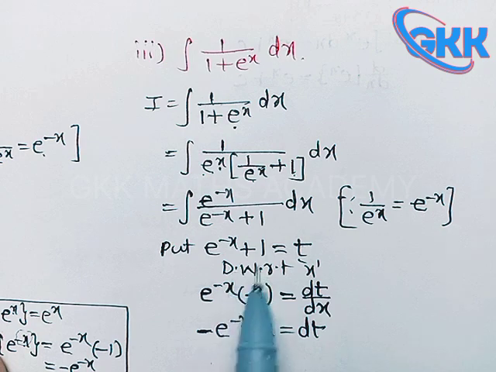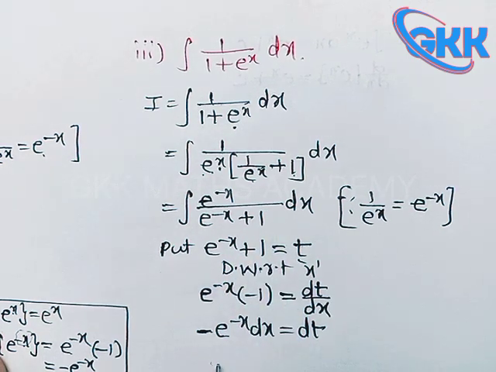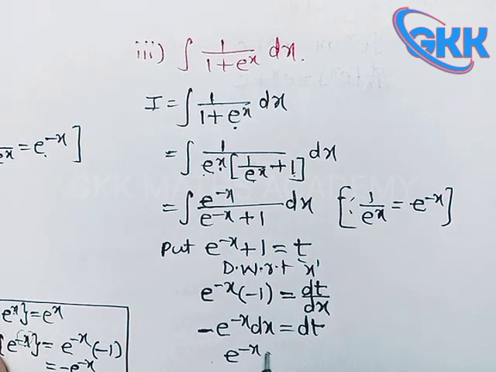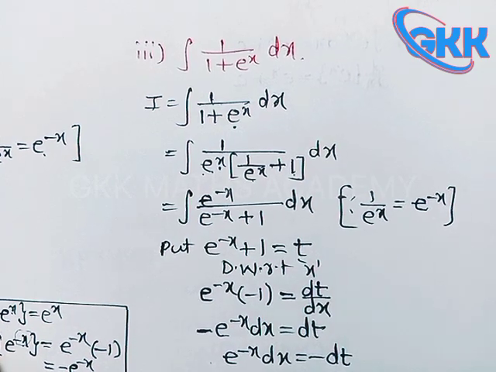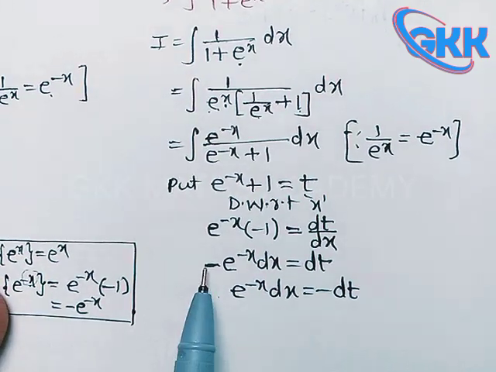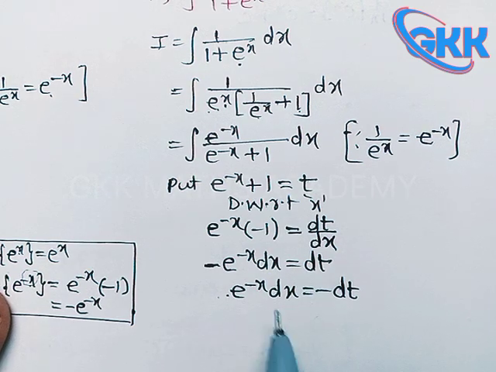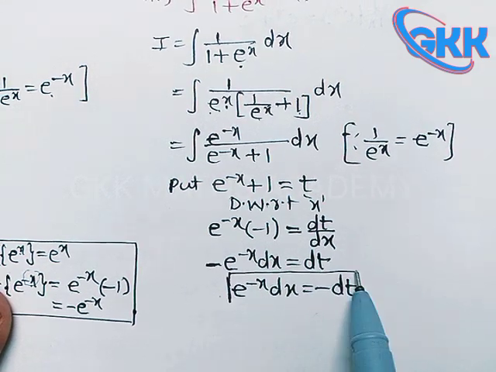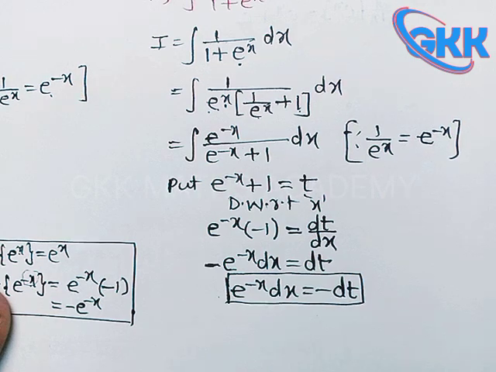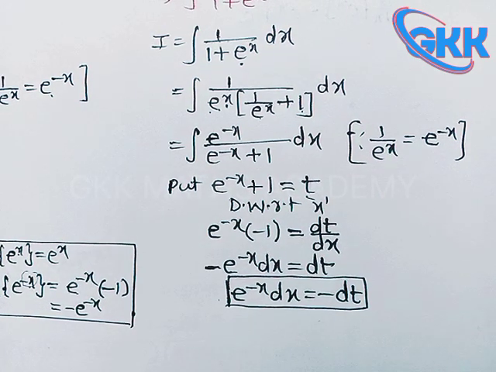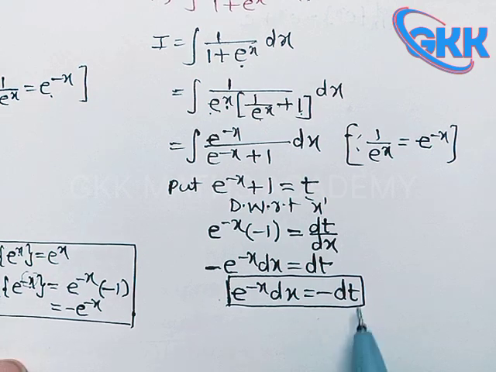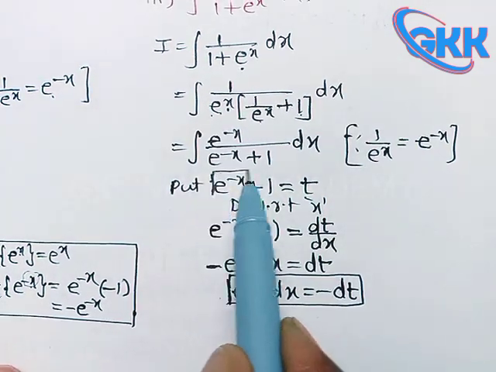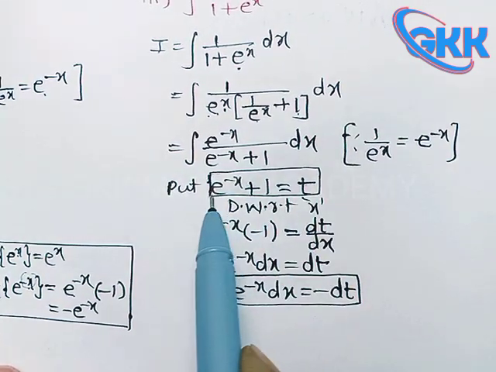But actually what we have is e power minus x dx, so multiply with negative: e power minus x dx is equal to minus dt. What I did here? I multiplied negative on both sides. This will be positive, this will be negative. So e power minus x dx equal to minus dt, and e power minus x plus 1 is equal to t.